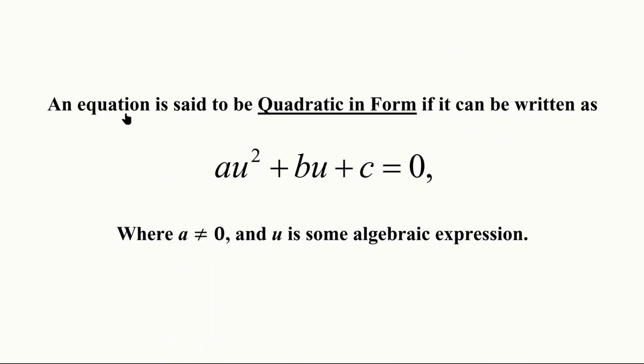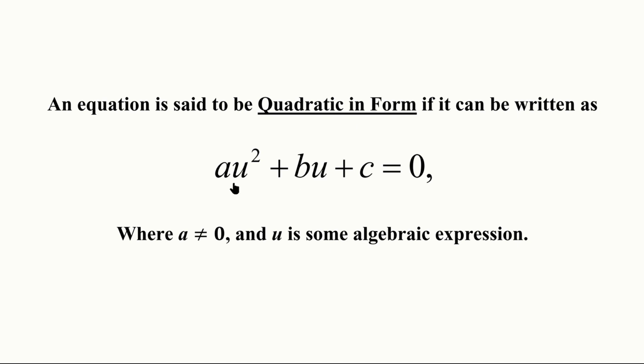All right, the last topic we're going to look at today is equations quadratic in form. Basically, any equation that can be put into this form is said to be quadratic in form, because u doesn't have to just be a simple letter u.